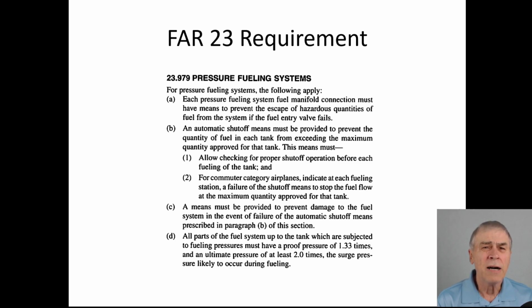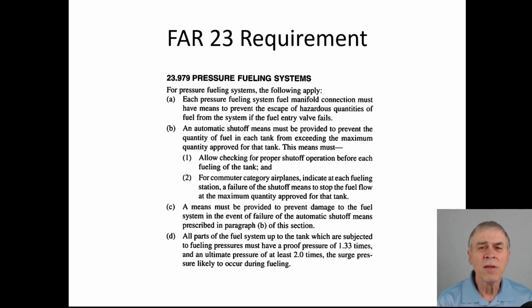A, each pressure fueling system fuel manifold connection must have means to prevent the escape of hazardous quantities of fuel from the system if the fuel entry valve fails. B, an automatic shutoff means must be provided to prevent the quantity of fuel in each tank from exceeding the maximum quantity approved for that tank.